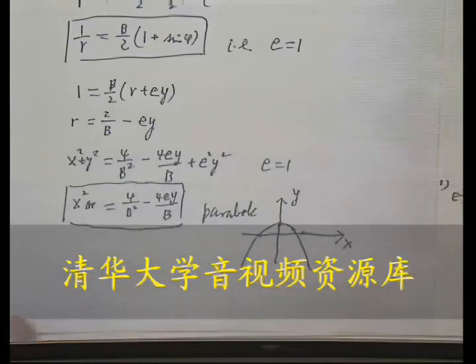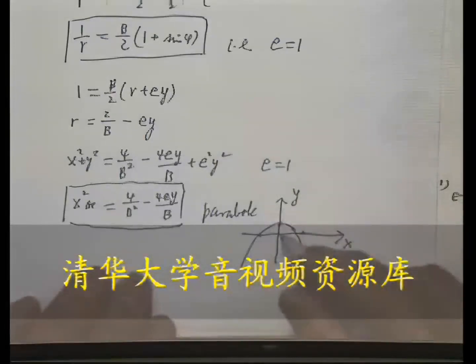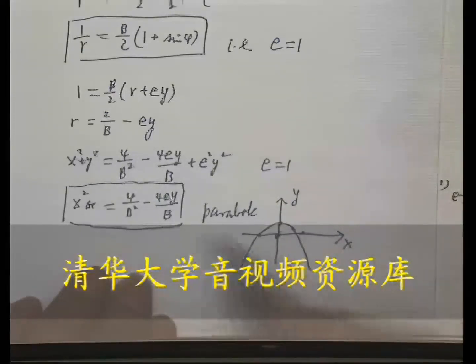So Newton proved that if the energy is equal to 0, the orbit would be like this. In fact, there are comets which do exactly this. When E is equal to 0, you put that into the kinetic energy plus the potential energy is equal to 0.